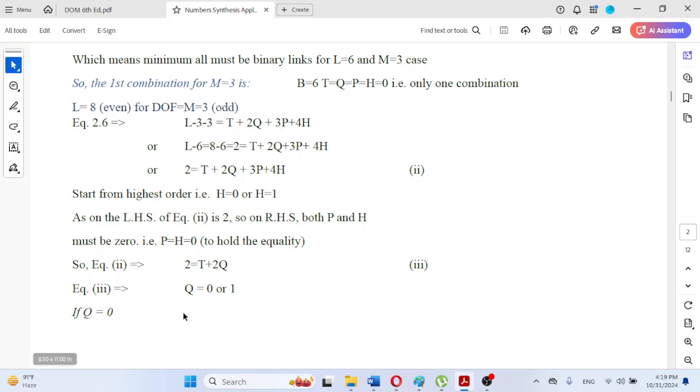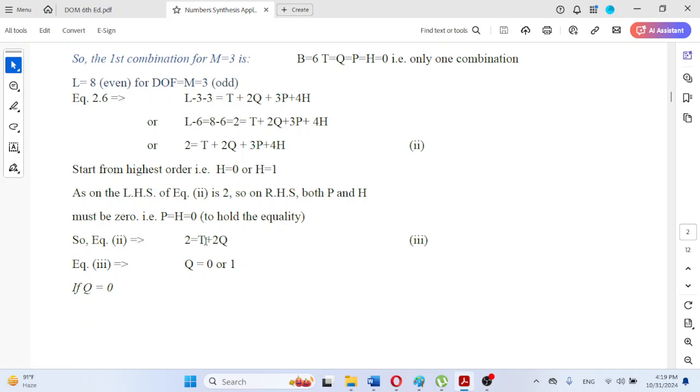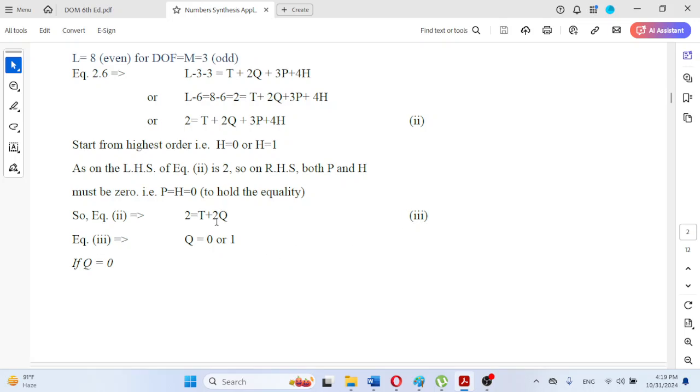So the equation will be reduced to 2 is equal to t plus 2q, and equation number 3 will be giving 2 values, because here again we will start from the highest order link, which in this equation is the quaternary link, and its lowest count means 0 or 1.